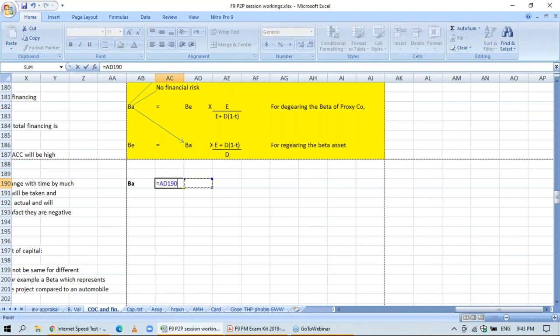So beta asset is equal to 1.038 multiplied by 75 divided by 75, which is the value of equity, plus 25 is the debt proportion, 1 minus 0.3, which is the tax rate.